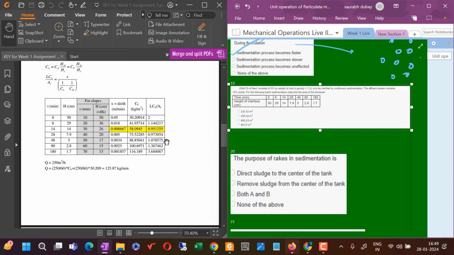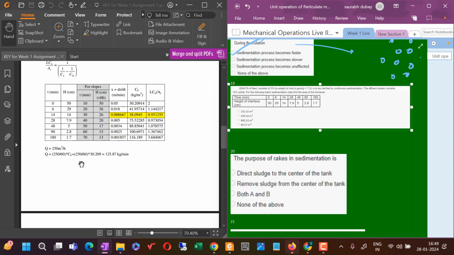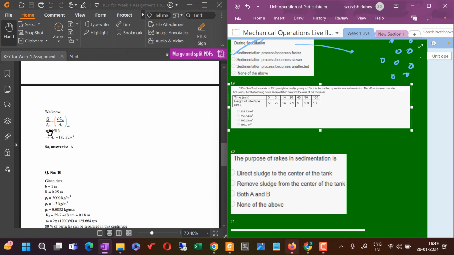So this Q has been converted into the units, and there at the layer, it is not at the bottom, but where the compression zone is just starting. Based on that, the QAR by AR can be calculated, the minimum value of LCL by AR being 0.95, and the corresponding area value is 13.132.32.